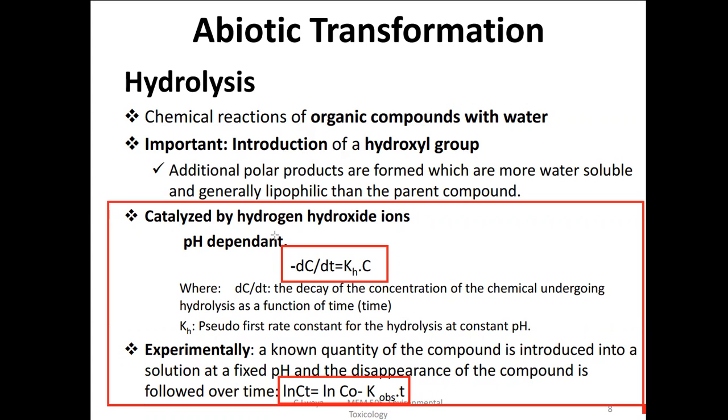That's what this point here is trying to say. So one thing we can say about hydrolysis is that what is produced at the end of the day is a less toxic metabolite, because the concentration of the chemical as it undergoes hydrolysis reduces, it being a function of time.